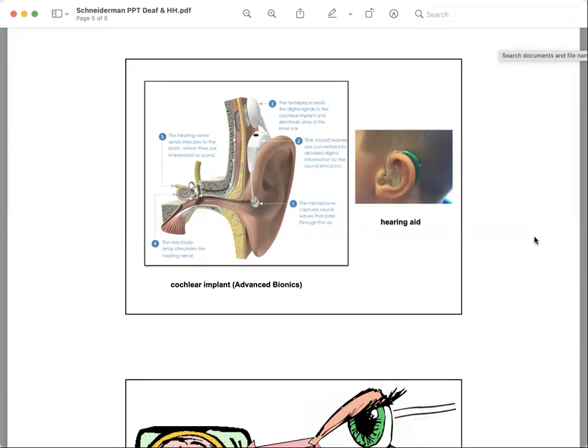A cochlear implant doesn't necessarily restore or create normal hearing. It can provide useful auditory information, but it requires a lot of post-implementation therapy and mapping and family support and follow-up sessions. There are still some controversies about the procedure.